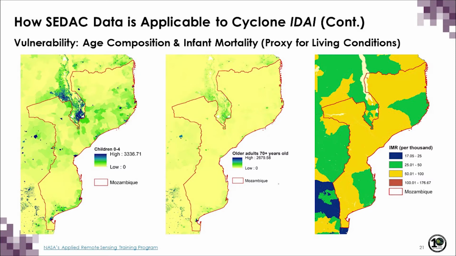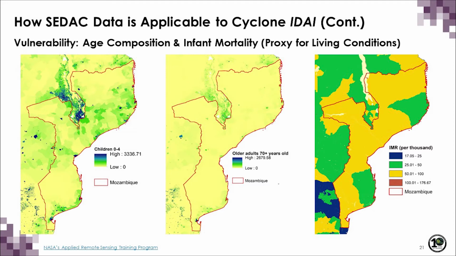For exploring vulnerability, we can use age composition from the basic demographic characteristics and infant mortality as a proxy for living conditions. The maps on the left at the center display the distribution of children and the elderly, respectively.